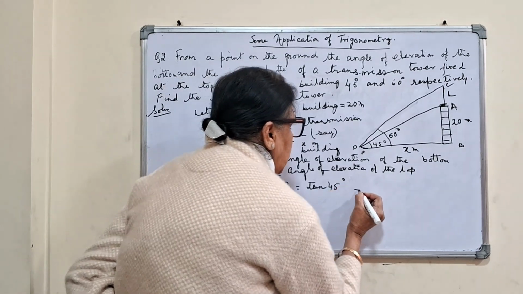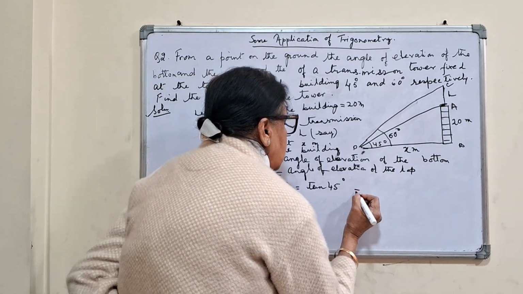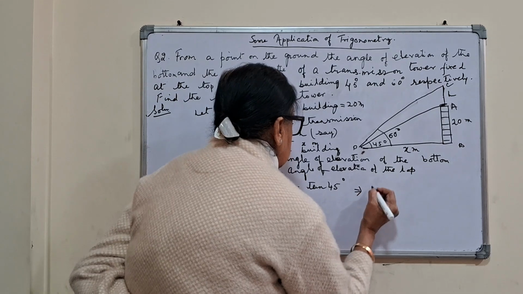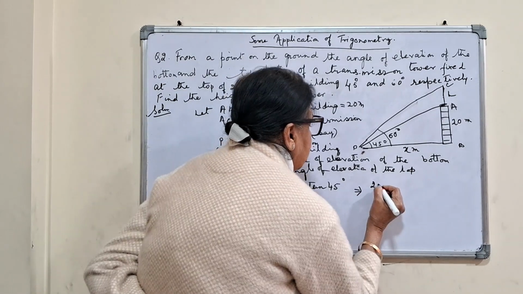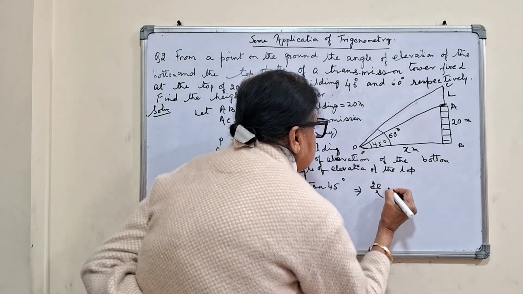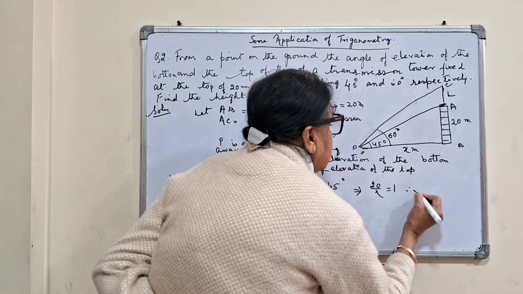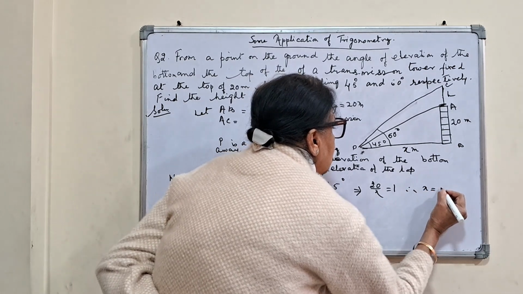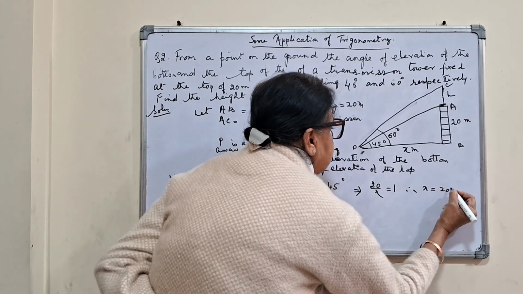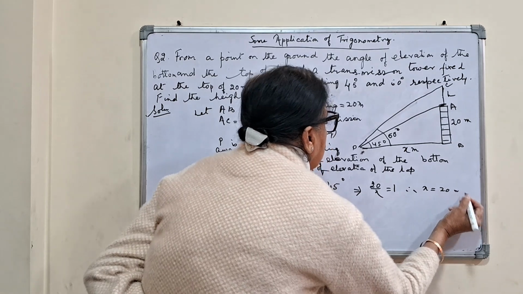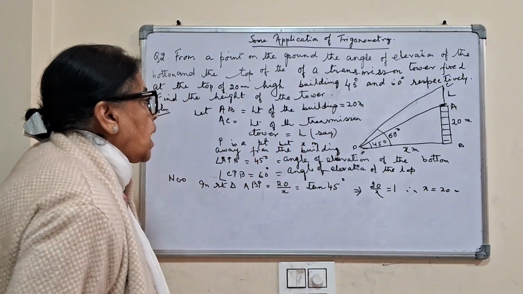Tan 45 is 1, which implies 20 by X is equal to 1. Therefore, X is equal to 20 meter.